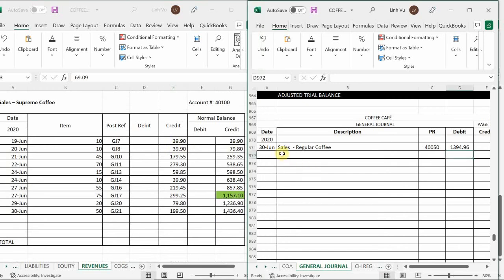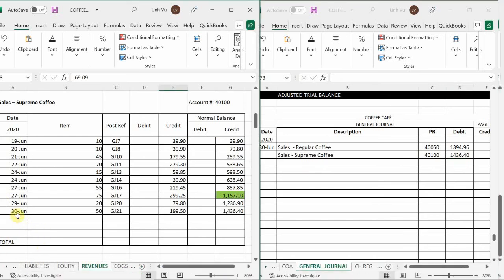The second one is going to be my sales Supreme Coffee, account number 4100. Right now it has an account balance of $14,360. And that means I'm going to close it out directly right here.